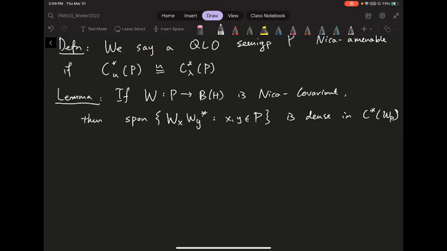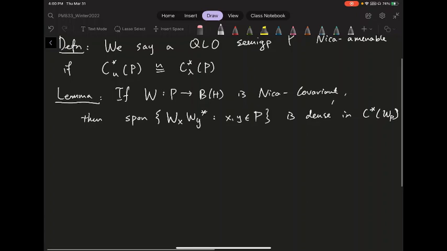But it's actually very easy to describe the C-star algebra when you have Nica covariance. Essentially, it's just the closure of the span of these W_x W_y star. You only have one element times an adjoint, and that's enough to span a dense subset. This is not only dense inside there; it's actually a dense algebra inside there.